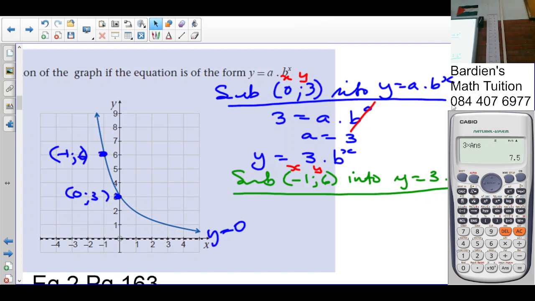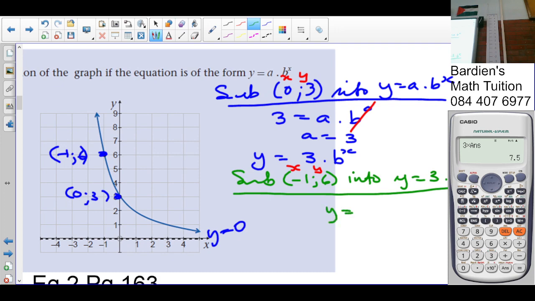Not so? Yes, Michael? Why can't you use the same point again? You can only use a point once. So if I'm going to substitute 0 and 3 again, let's see what we get.